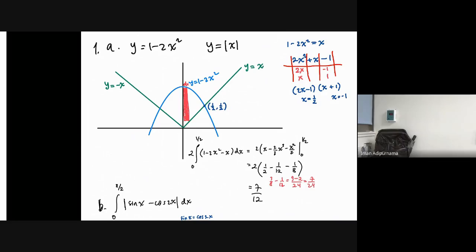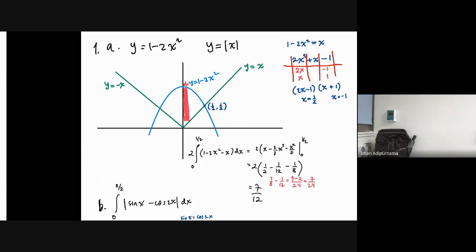Because it's only the area, you take the curve on the top minus the curve on the bottom. But because it's symmetric, and my suggestion, if you are not careful with plus and minus, you can just see this half part and then multiply by 2. That would be much easier.